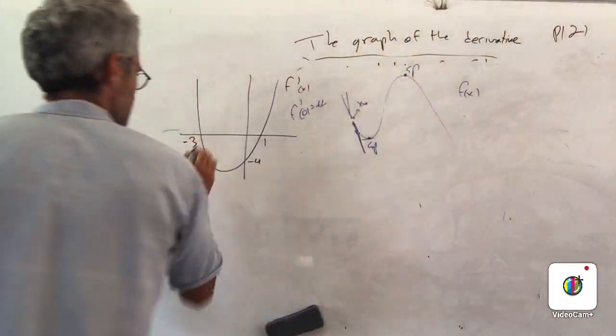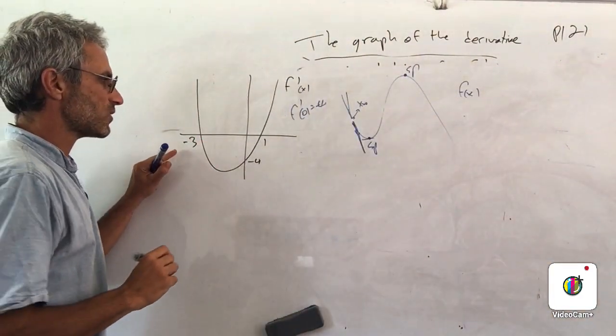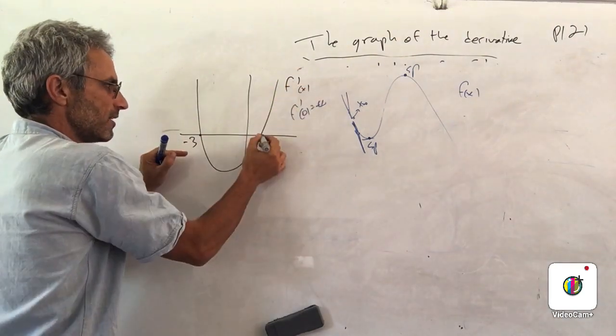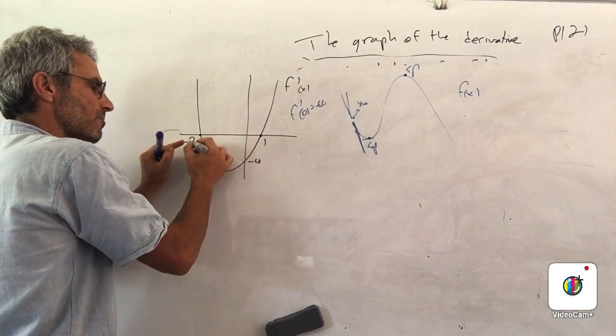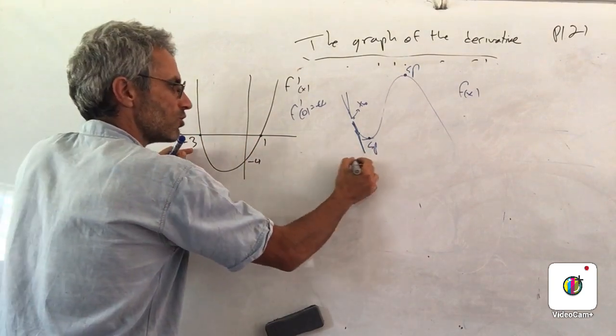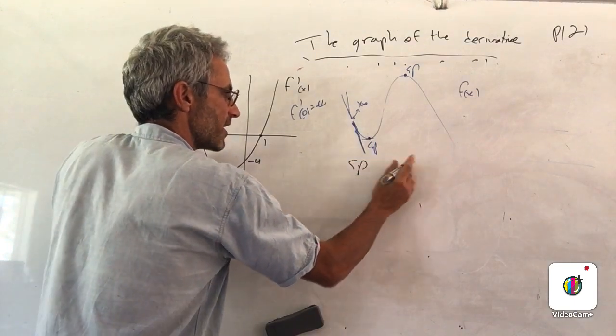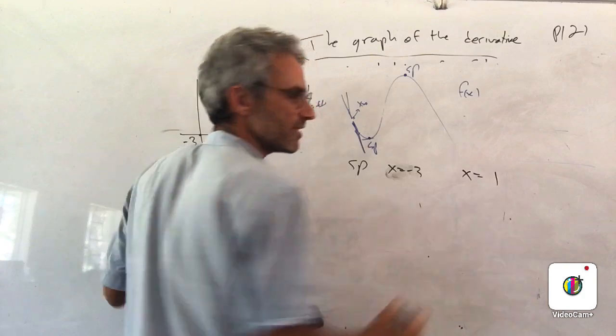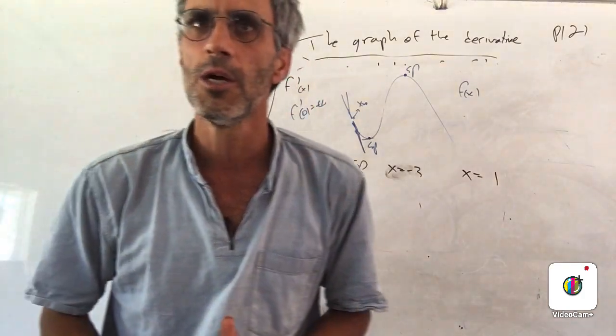That doesn't make sense. Okay, so all he's telling us, no problem. Look over here. This is the graph of the gradient. The graph of the gradient is 0 at minus 3 and 1. That means that the stationary points on the graph are going to be at x equals minus 3 and x equals 1. These are my two stationary points.